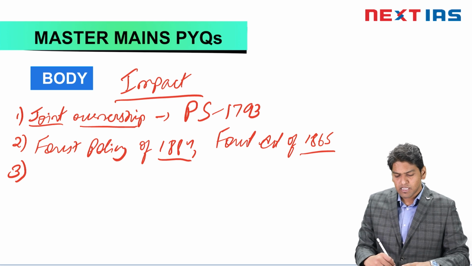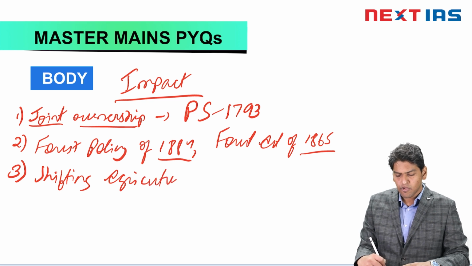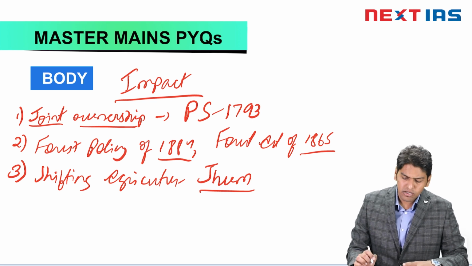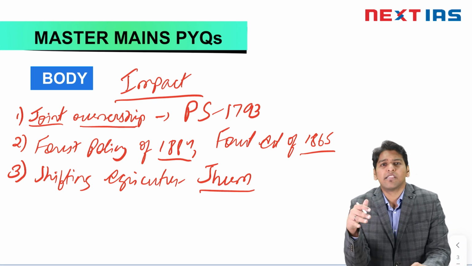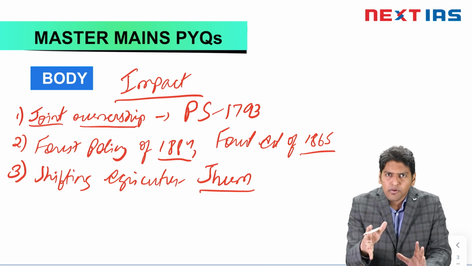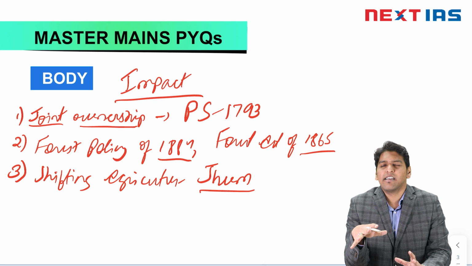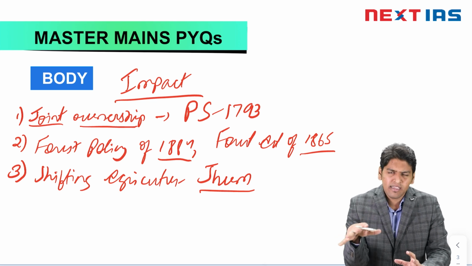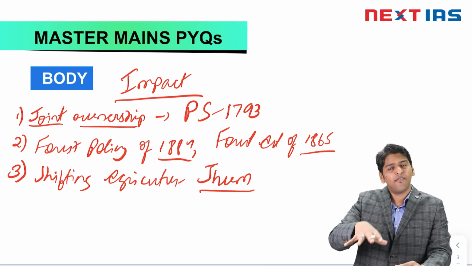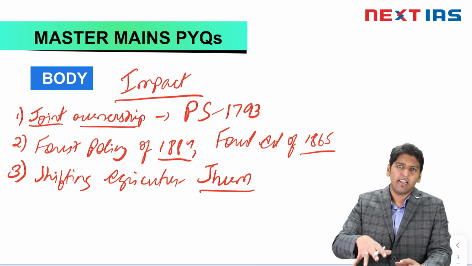Next we see shifting agriculture, or jhum cultivation as it is also called. What happens here is that they divide land into parts, into sectors. They cultivate a particular land and then clear the forest by burning, then they cultivate it for a few years, and then they leave that parcel of land for a few years for it to regenerate and trees to grow.